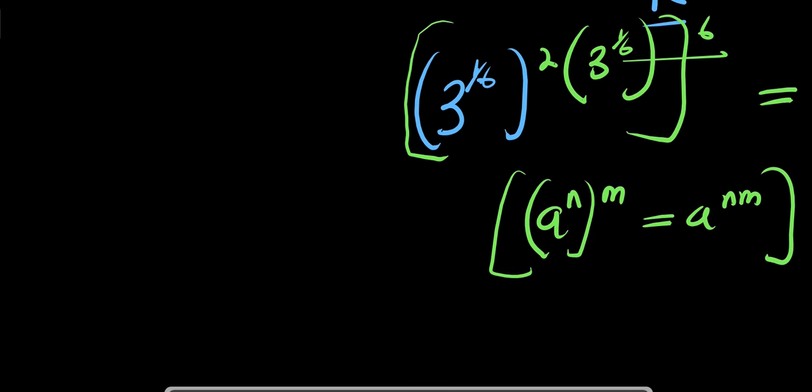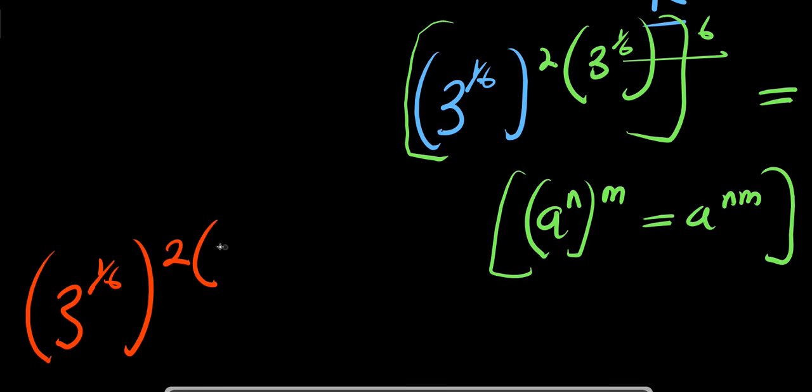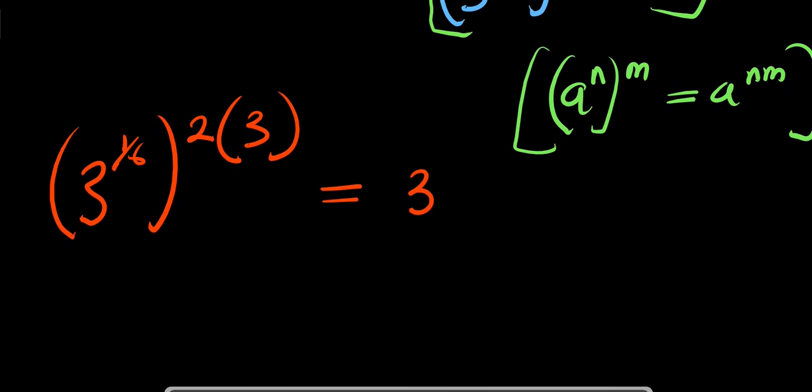I will simply be left with 3 power 1 over 6 raised to the power of 2 times 3, because this 6 here will multiply 1 over 6, that is 6 divided by 6, that cancel out. So you have this equals 3. So from here, you multiply this out using the same exponent here.